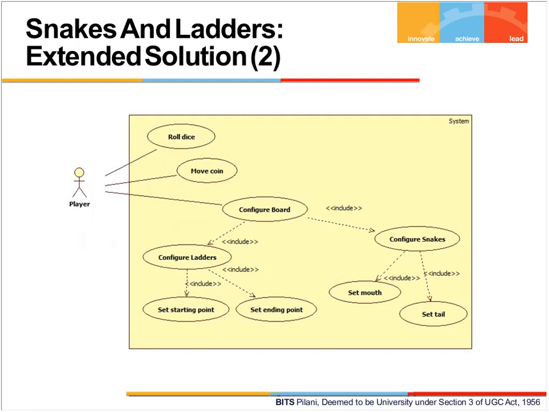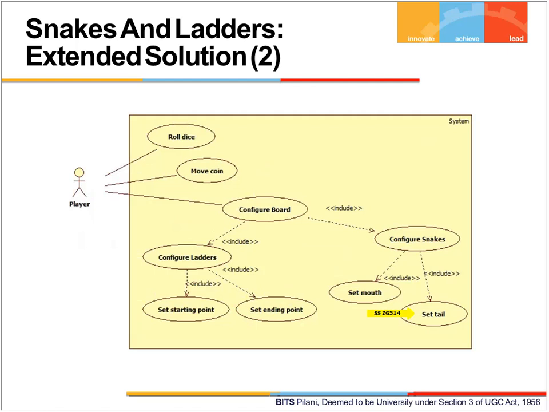Let's move ahead, and I have another solution here. In the case of configure ladders, there is another sub use case possible, where I set the starting point and set the ending point of each ladder, and then in configuring snakes, I set the mouth or set the tail.